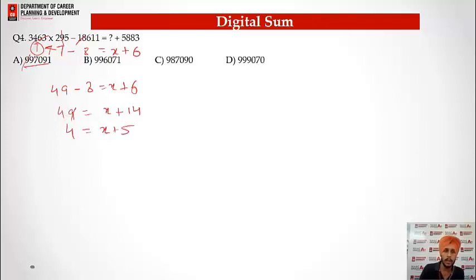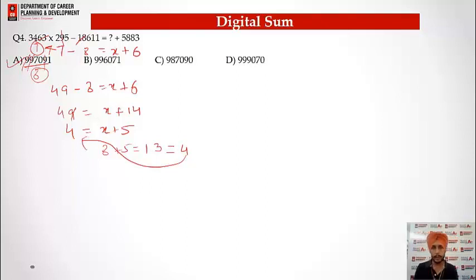So here we have 9, 9, 9. The digital sum of the first option will be 7 plus 1, that is 8. So let's put 8. 8 plus 5 is equal to 13, and the digital sum will be 4. What we need is also 4. So option A will be our correct answer.